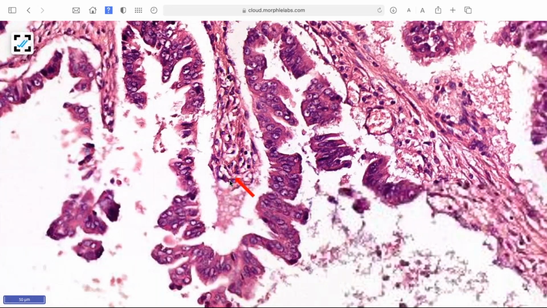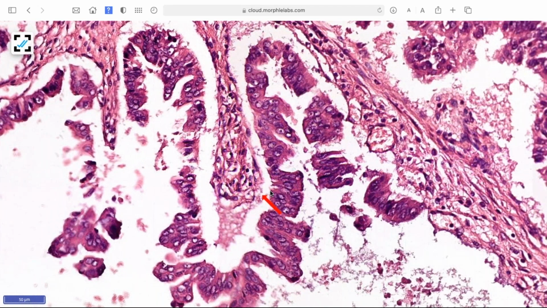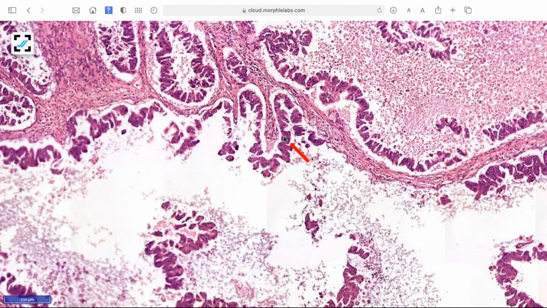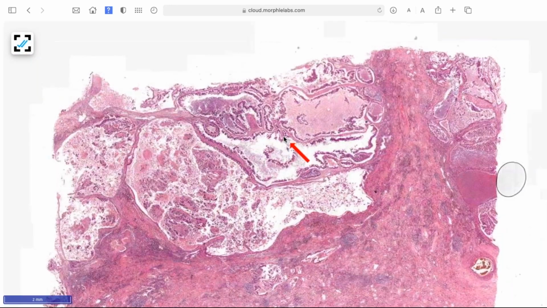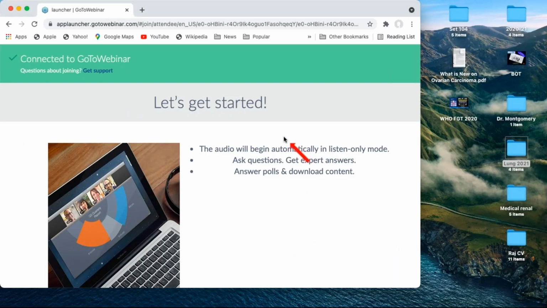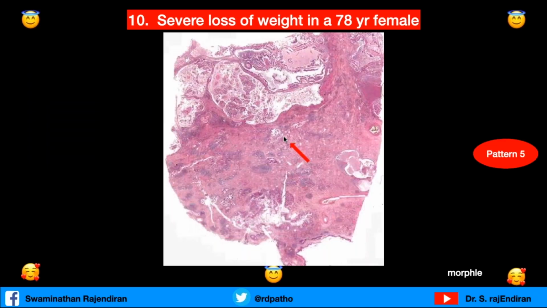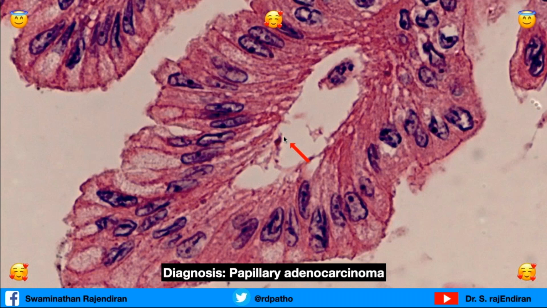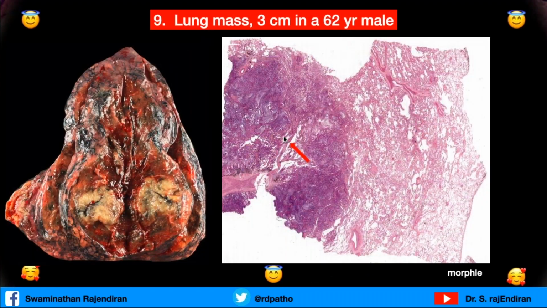You can see the nice central fibrovascular core and moderate cytological atypia. So this is a case of invasive papillary adenocarcinoma of the lung.